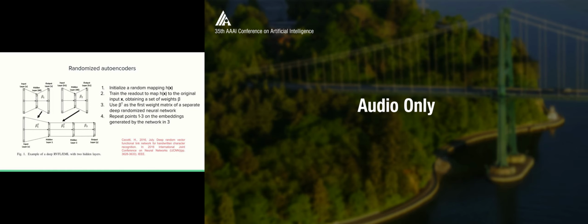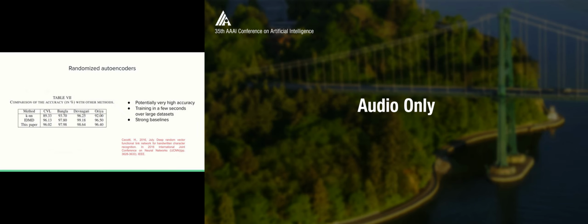Step 3, we use this beta transpose as the first weight matrix of a separate deep randomized neural network. And step 4, we continue the construction of our network, repeating points from 1 to 3 based on the embedding generated at point 3 of this simple algorithm. So you can see it's very, very simple.